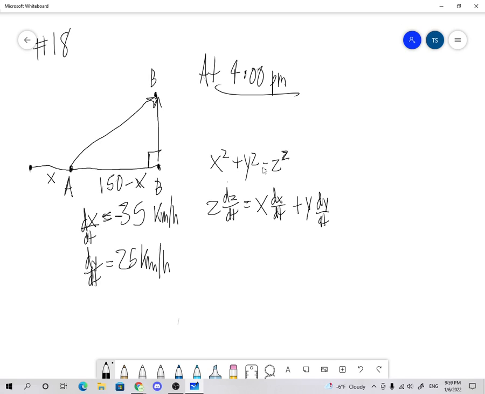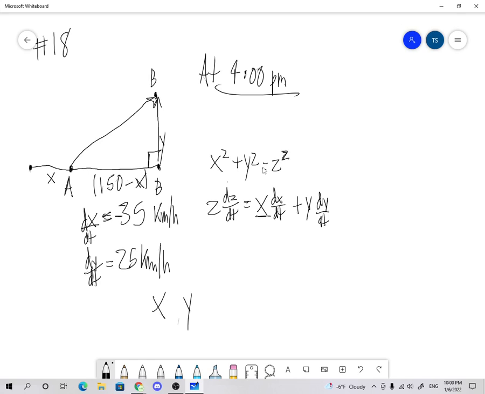Awesome. Here's the thing. For this triangle, this x here will be equal to 150 minus x as a moving thing. This will be y. So, now that we have all of this figured out, we need to actually find what x and y are equal to.